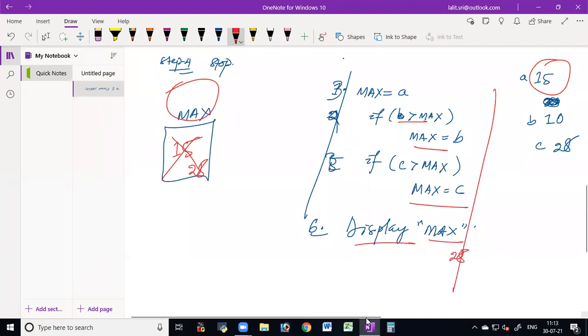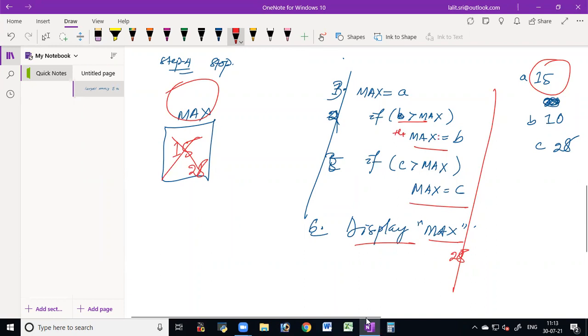Any other three distinct numbers you can take as the example and check whether this algorithm is working or not. You take start, enter A, B, C, then max equal to A, step number 3. Step number 4, if B is greater than max, then keep B in max.